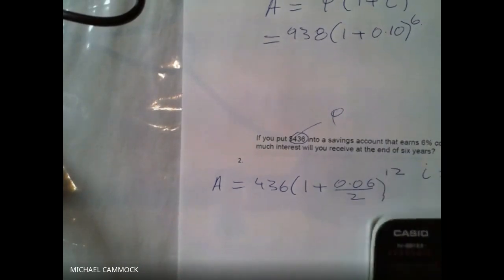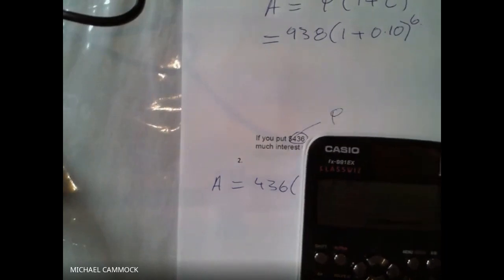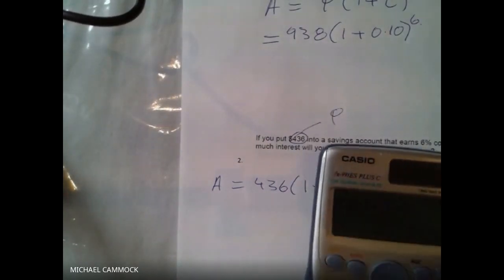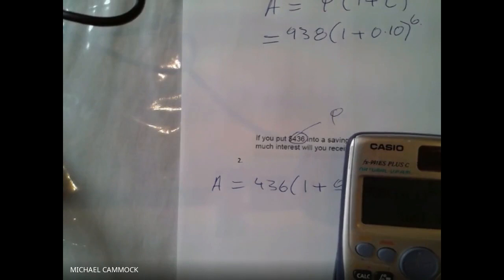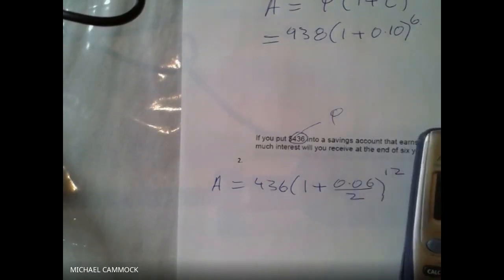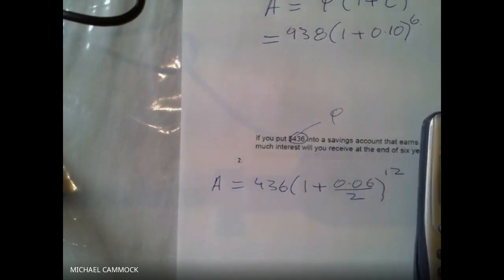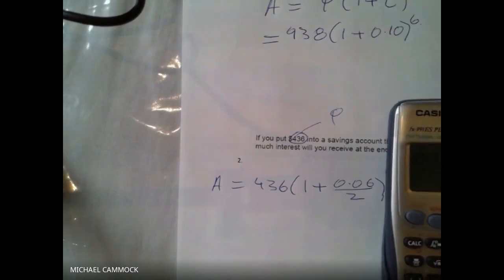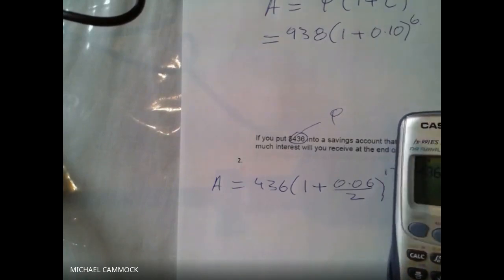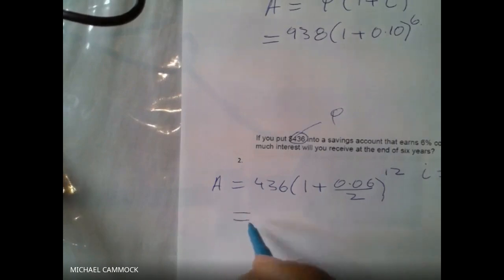I'll just go back to this one. So the 436 multiplied by 1 plus, oh, sorry, I forgot to open the bracket. 1 plus 0.06 divided by 2, close the bracket, raise that to the power of 12. All right, so here's my answer, 621.63. I'm going to write that down.